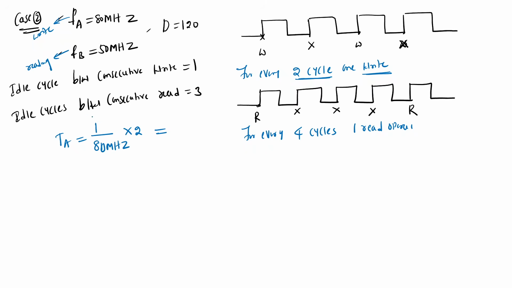So how much will you get? Two cycles, so 2 nanoseconds into 2, 25 nanoseconds. And TB equal to how much? 1 by 50 megahertz into 4. How much will you get?